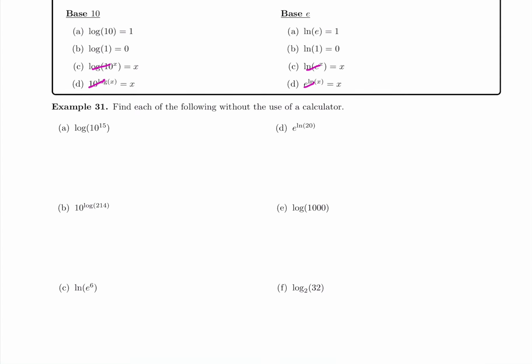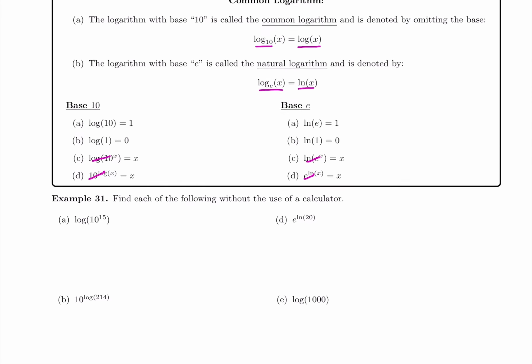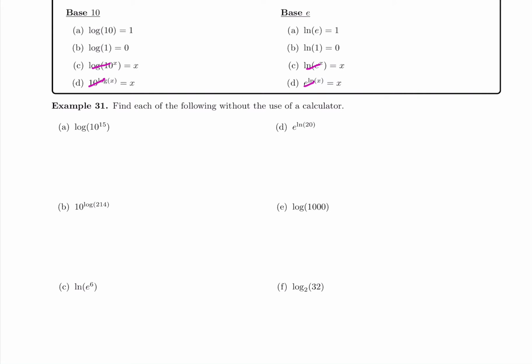So let's find each of the following without even using our calculator though. So just knowing these properties from above. So first, log base 10 and 10 cancel, which gives us 15. Same thing when we move down, 10 to the log of base 10, that cancels, and we're just going to be left with 214.